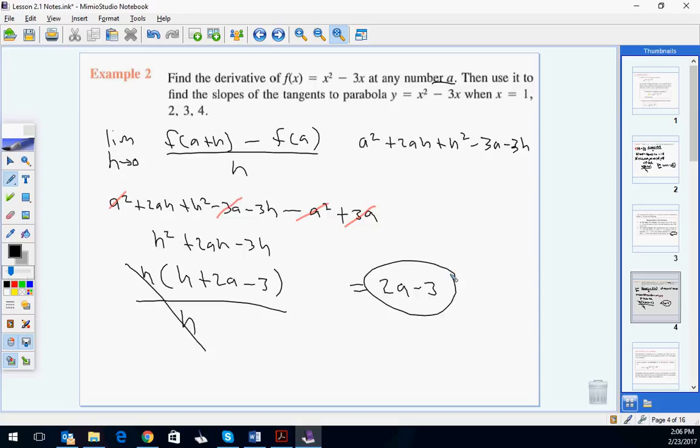So now what we do is we plug in 1, 2, 3, and 4 to here, and it gives us the tangent slope for that time point. So if x equals 1, we get negative 1.